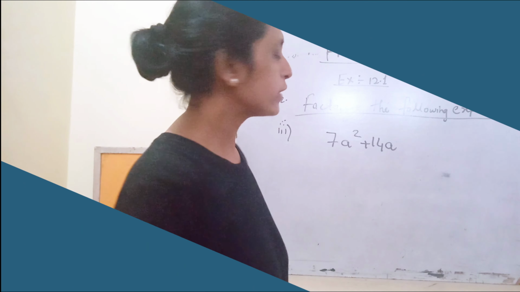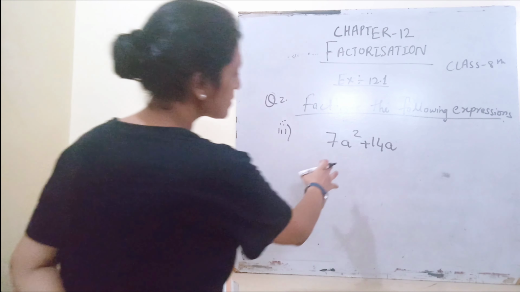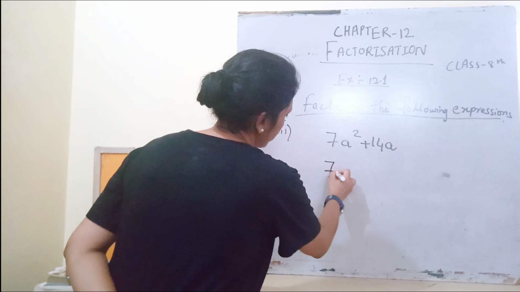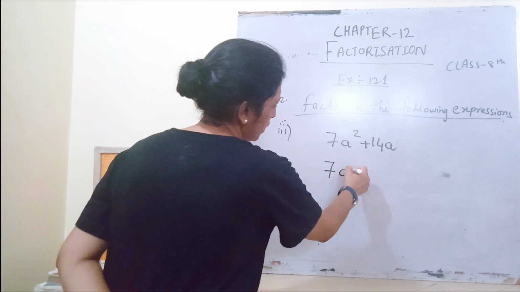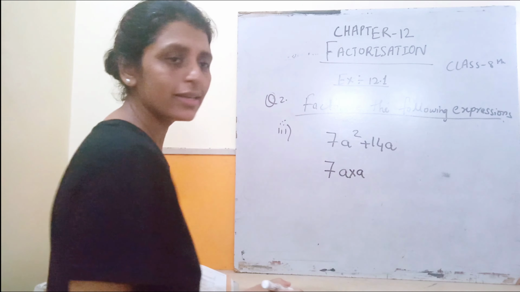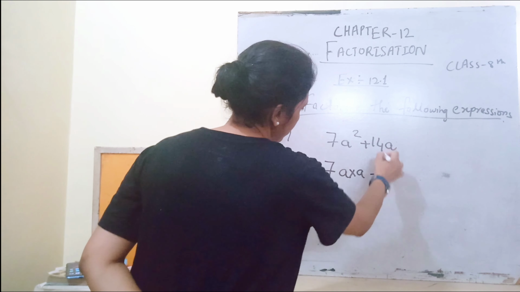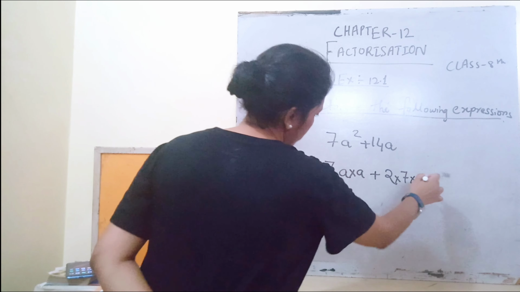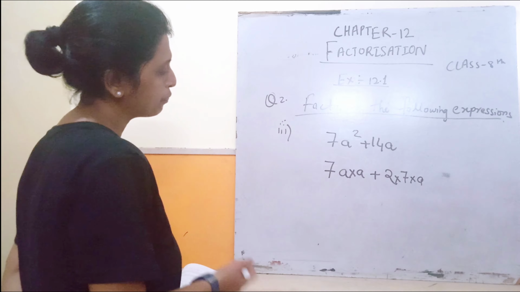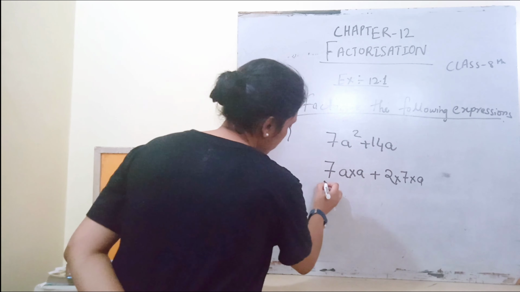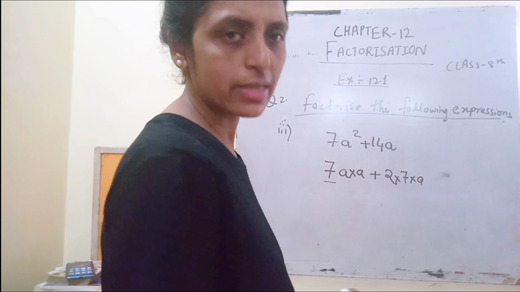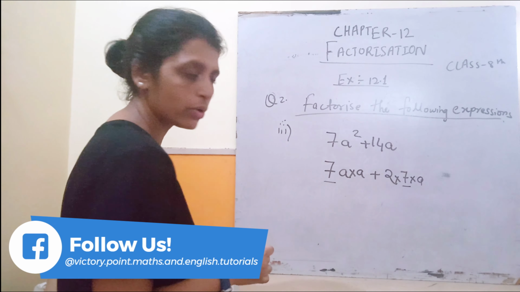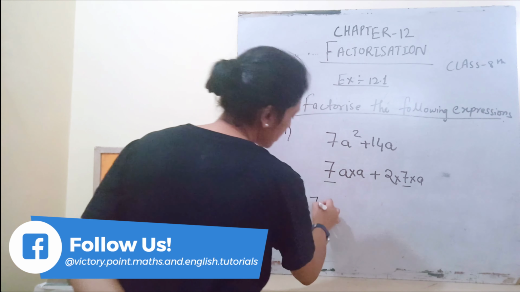In the third part we have to factorize 7a square plus 14a. So 7a square can be written as 7 into a multiplied by a, plus 14a can be written as 2 into 7 into a, or 14a also you can write. Now see children, here in the first term we have 7, and in the second term also we have 7, so 7 can be taken as a common factor.